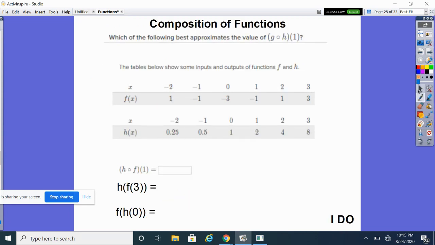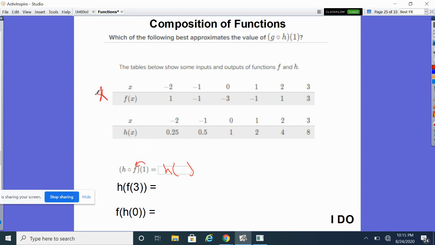All right, let's try it again. I'll pause 1 second. Go find 1 on the f table. What's it paired up with? Here's the f table. X is equal to 1 right there.